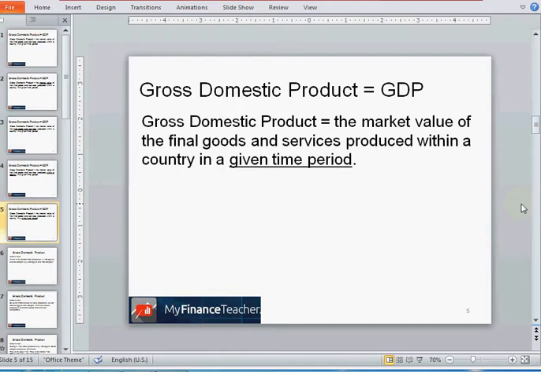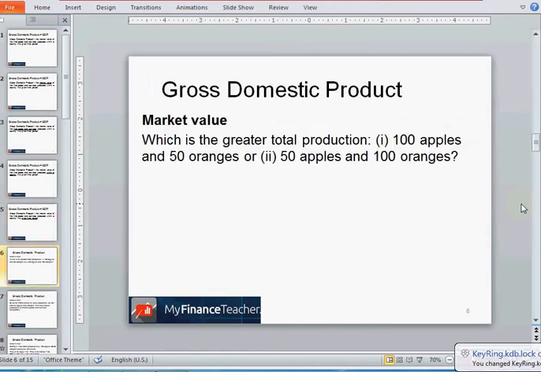Next, let's talk about these four components one by one, starting with the market value. In terms of adding to the value of GDP, which combination would add a greater value? Producing 100 apples and 50 oranges? Or producing 50 apples and 100 oranges?